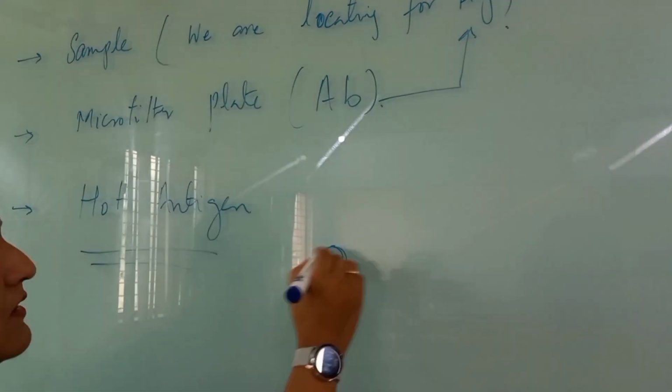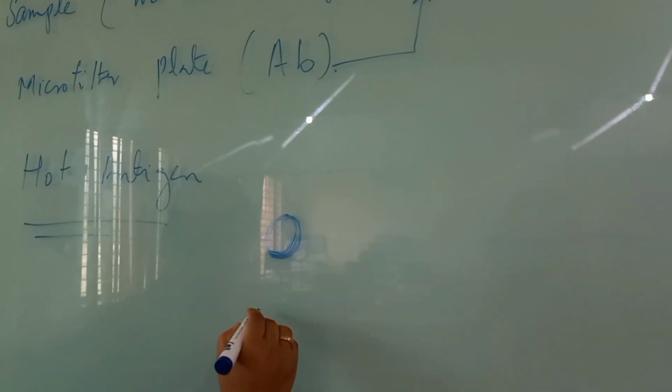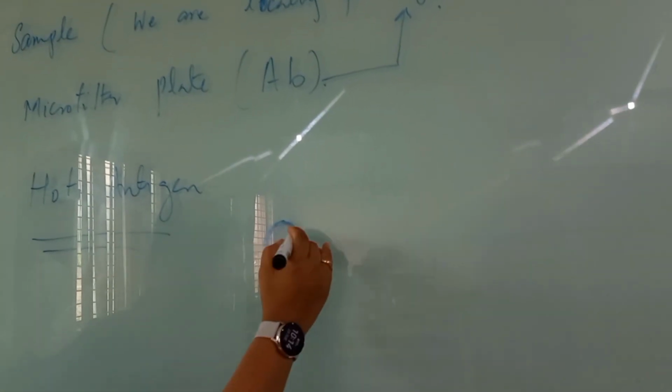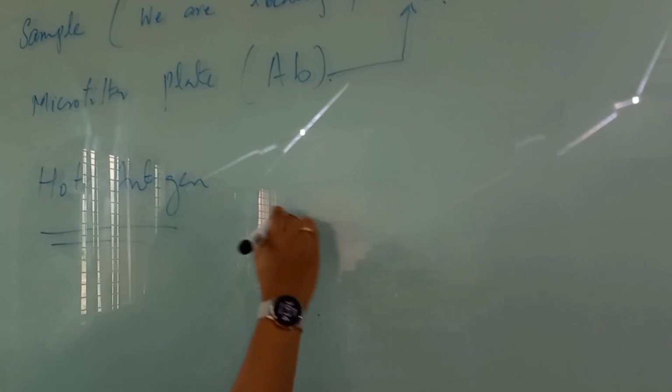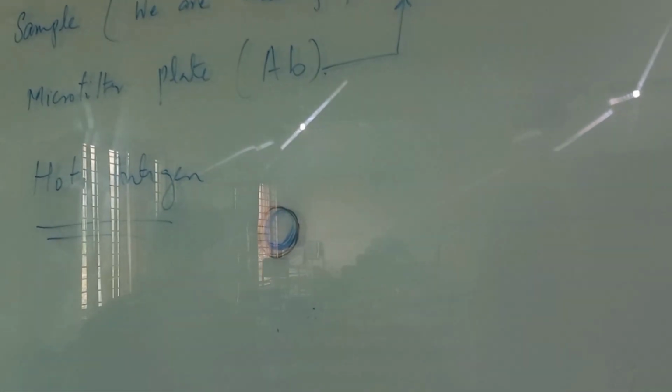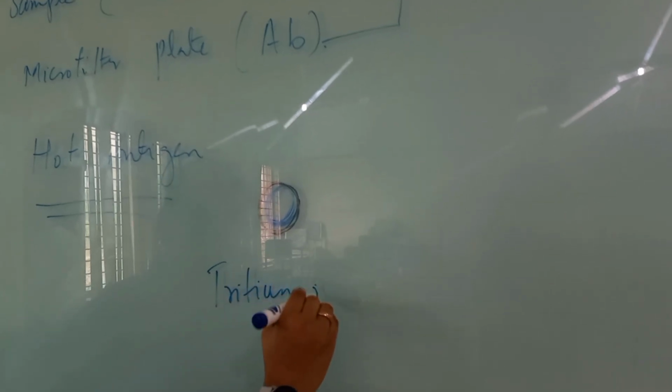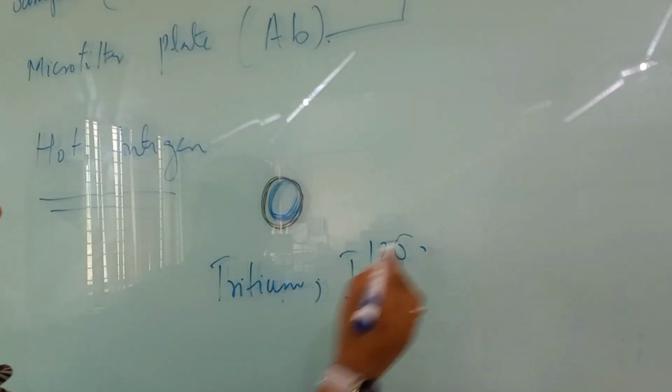For example, let's say this is the GP40 antigen, and we are looking for the GP40 antigen in the sample. So for that we will prepare a GP40 antigen that is coated with radioactive material like tritium or iodine 125.